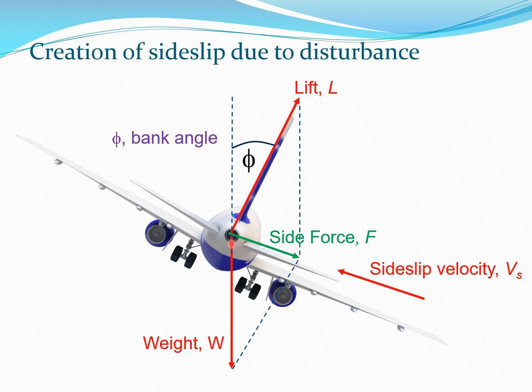So now what happens is that because of this side force, there is a sideward motion, there is a side slip velocity which is also generated, and this hits the aircraft from the side. So this is a very important component, the side slip velocity given by V subscript S, and this is something which takes place because you have been hit by the disturbance which has created this roll motion or the bank angle.